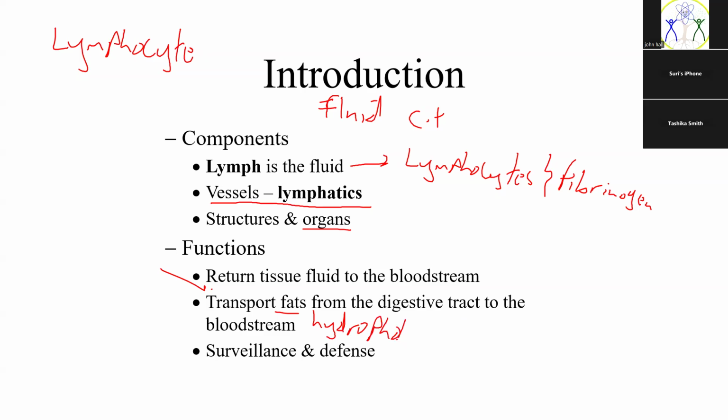I think everybody should remember what hydrophobic means, right? If it's a hydrophobic substance, it tends to get dumped into the lymphatic system first before it goes into the blood, right? And of course, the importance of the T lymphocytes and those special organs for monitoring the body, right?